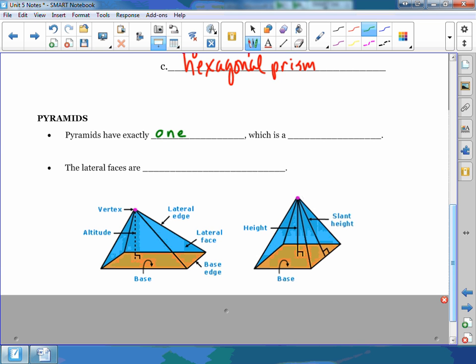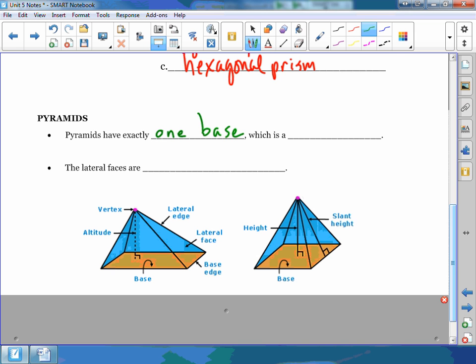It has one base. Yes. So it has one base. Pyramids only have one base.